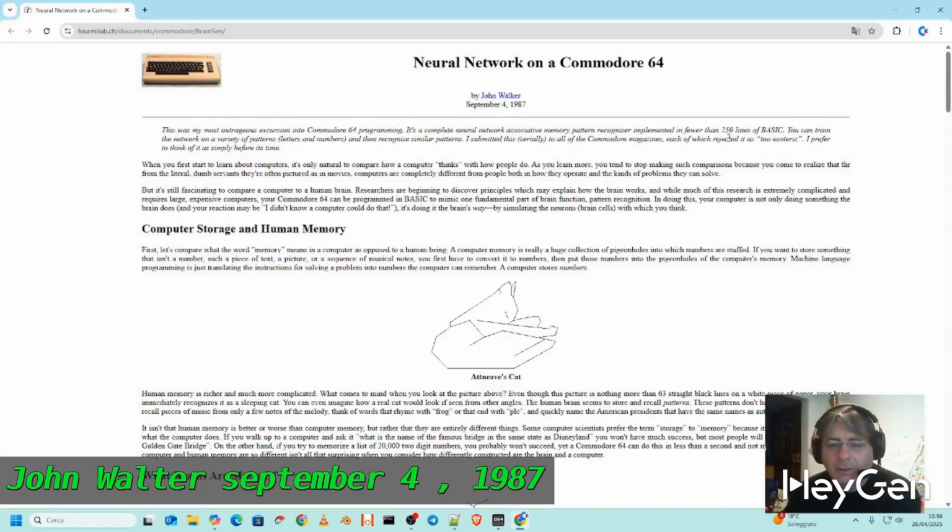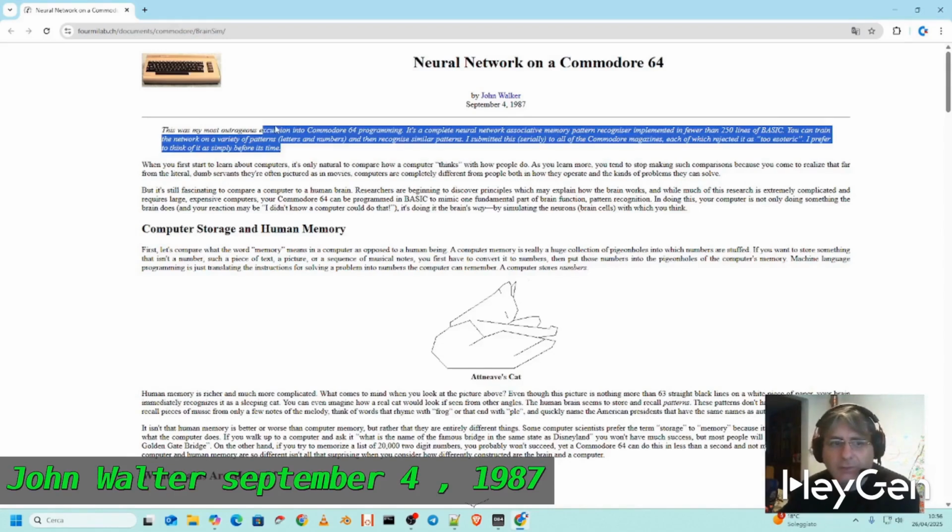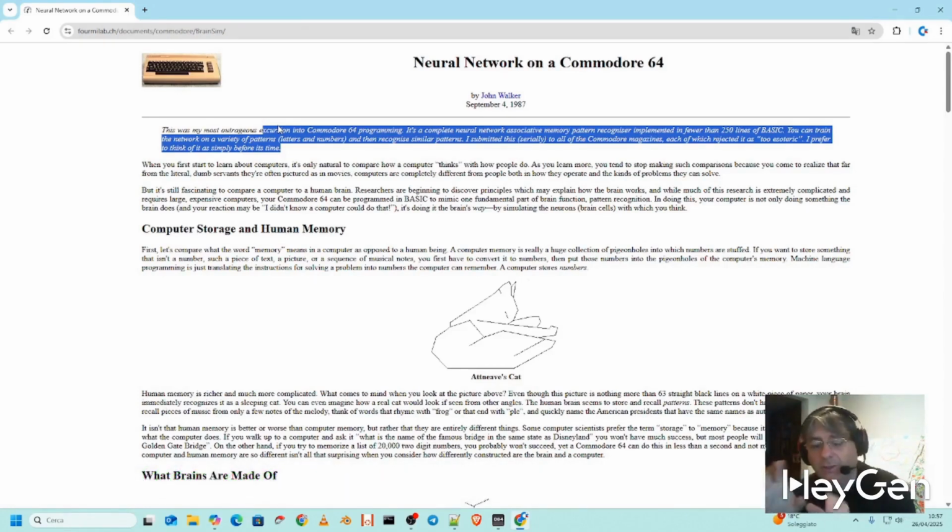Well, before proceeding, let's return to the author's page and go back to 1987 by John Walker. As he says, this was my boldest venture into programming the Commodore 64. It is a complete recognizer of associative patterns and memory based on neural networks implemented, and we will see it in less than 250 lines of CBM64 BASIC, and it is possible to train the network on a variety, so to speak, of letter and number patterns, and then recognize those that are similar patterns.